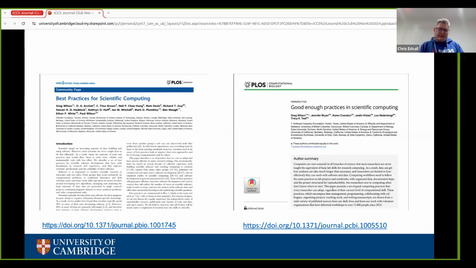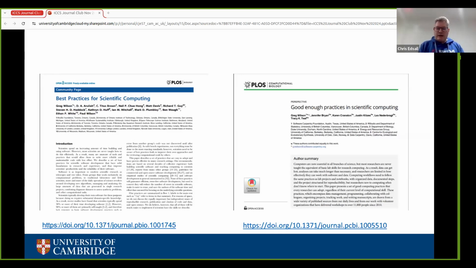3 years later, in 2017, presumably with their tail between their legs, they wrote a second paper called Good Enough Practices in Scientific Computing. What they recognized was that the 24 recommendations was just too much. Researchers are busy.